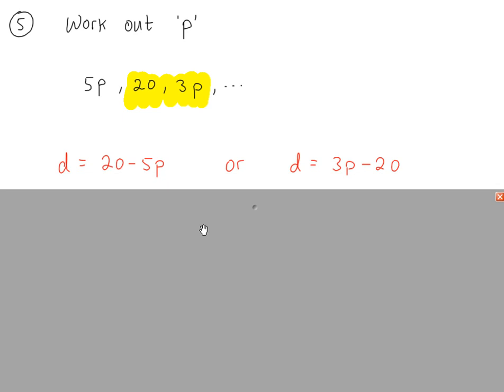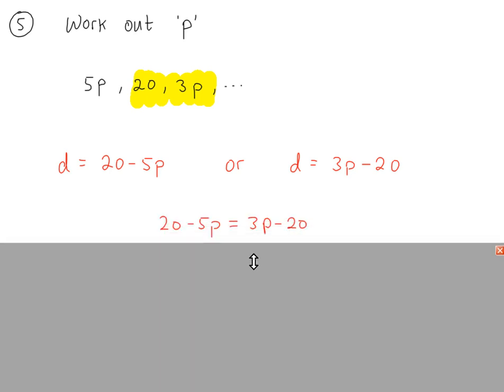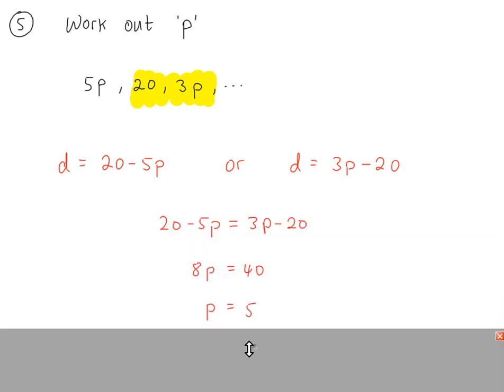It's always the term on the right minus the term on the left to get the difference. So the difference is either 20 minus 5p, or 3p minus 20, and these are exactly the same. So we can make them equal to each other and solve to get the value of p.